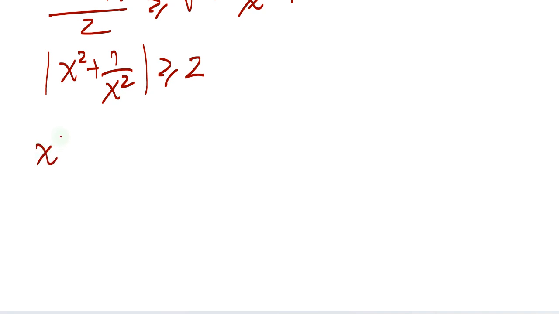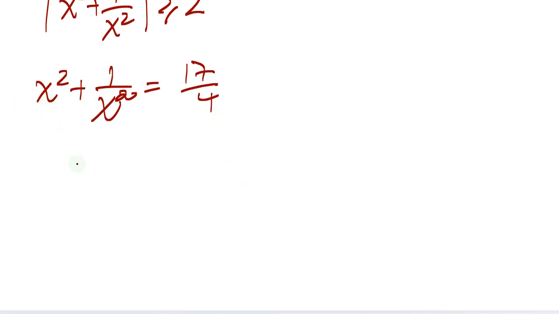So we have x squared plus 1 over x to the 2 equal to 17 divided by 4. Multiplying and organizing the terms, we're going to have 4x to the power of 4 minus 17x to the power of 2, and then plus 4 equals 0.